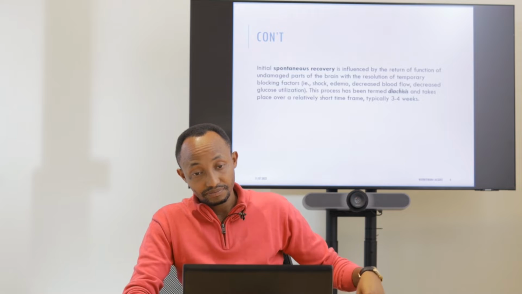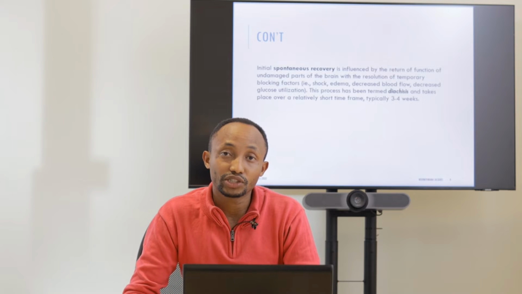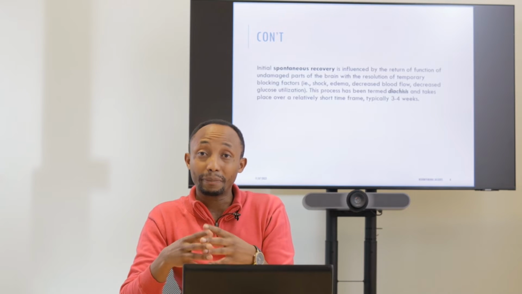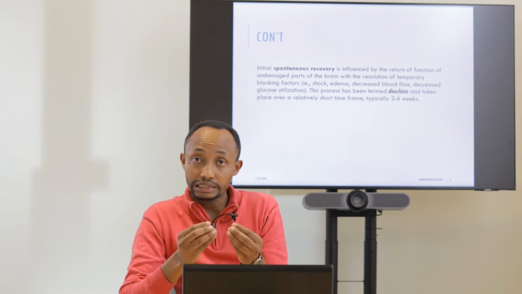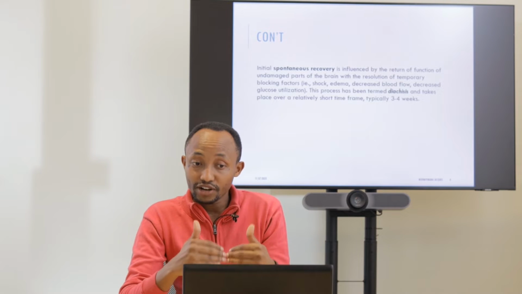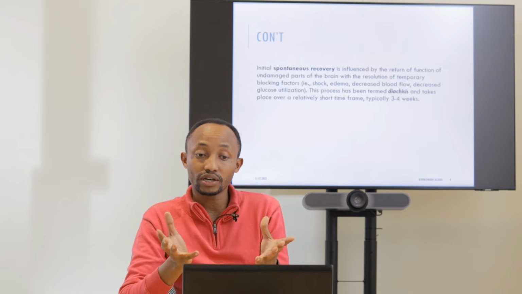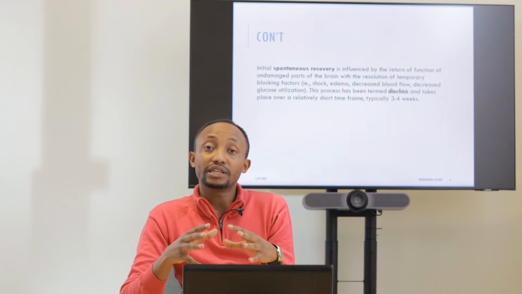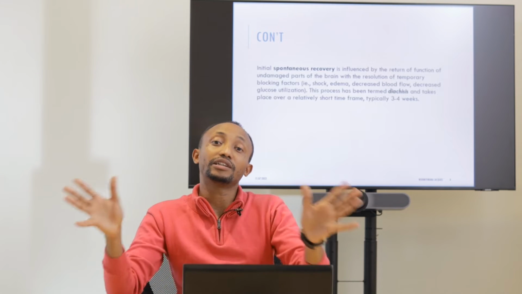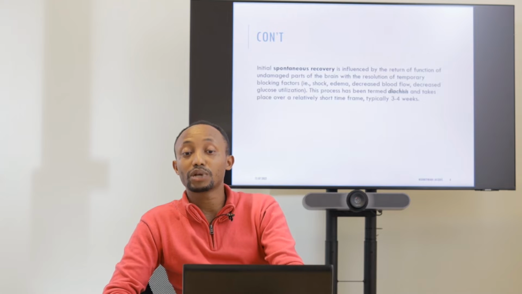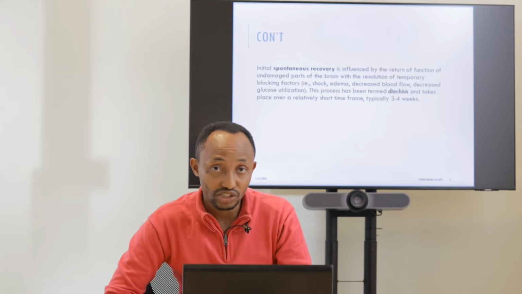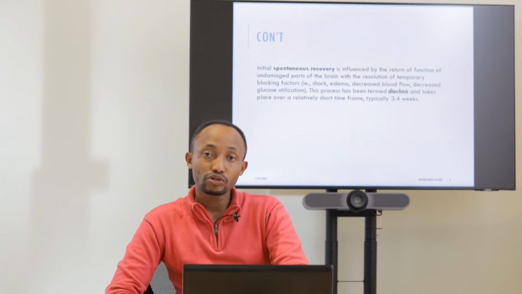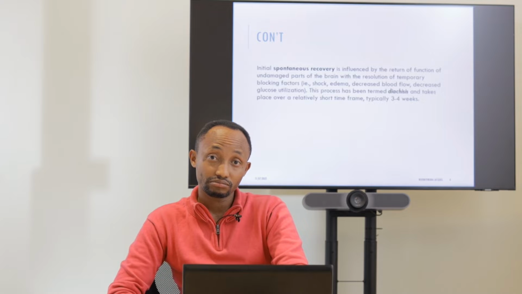In that case, that area has been damaged, and there are some other areas around, which we call the penumbra, which are not actually damaged but are going to lose their function as a result of either shock, where there hasn't been enough blood flow and oxygen going to the brain, or maybe there's edema, swelling which extends even to that area, or there's a decreased blood flow or a decreased glucose utilization. These factors will cause a loss of function in undamaged areas.